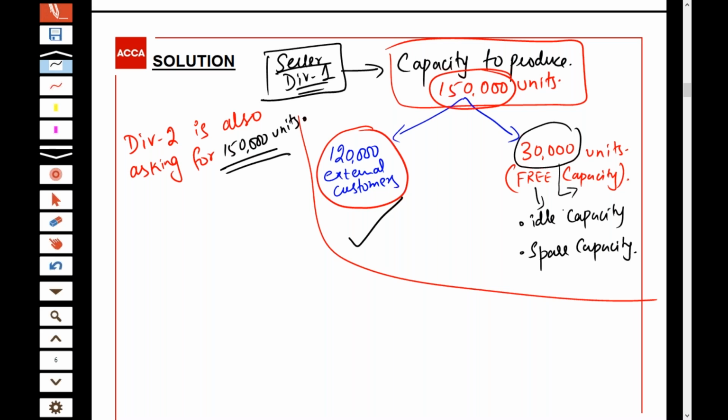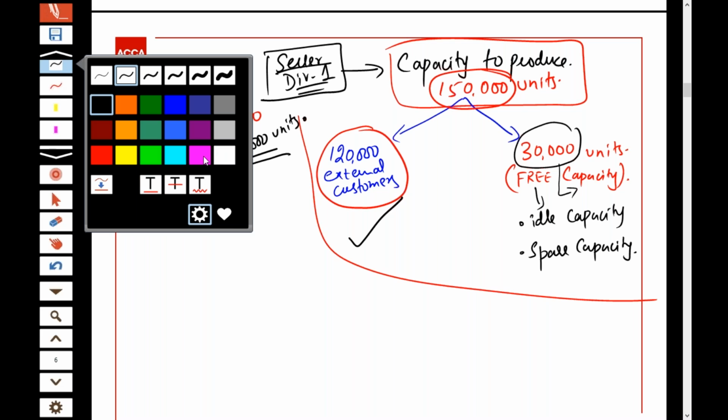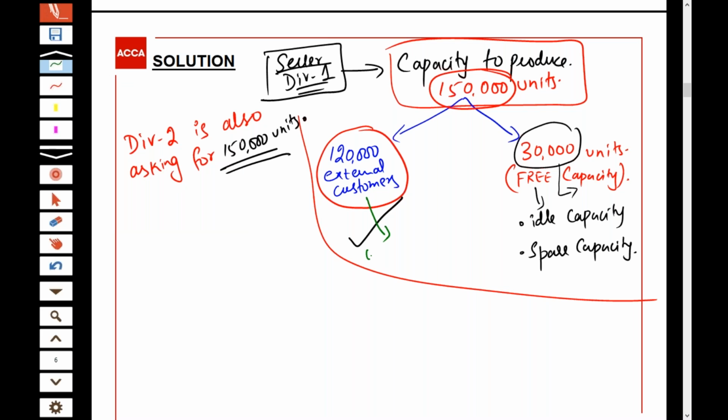Now, a very important trigger point is that opportunity cost will be counted when you have opportunity of income. I'm writing here with green color, that is opportunity income.